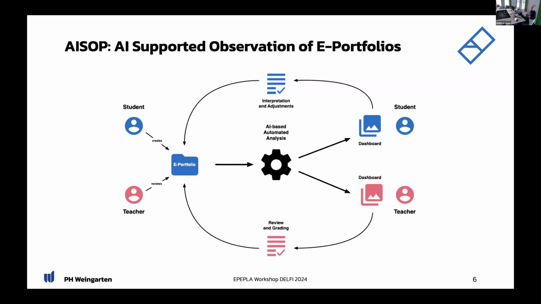So the intention is to analyze these portfolios. This is a simplified overview of our architecture. In the middle is the analysis, and at the end we have two different dashboards. One for students, which helps them creating and editing e-portfolios. On the other side, a dashboard for teachers that helps them reviewing and grading those e-portfolios.